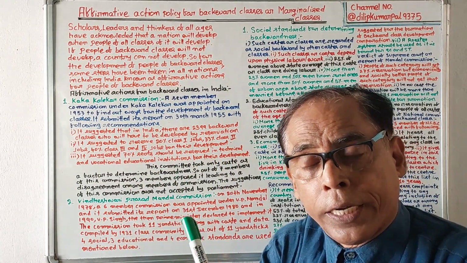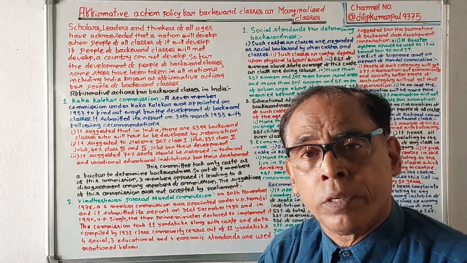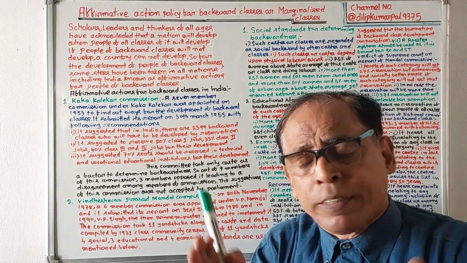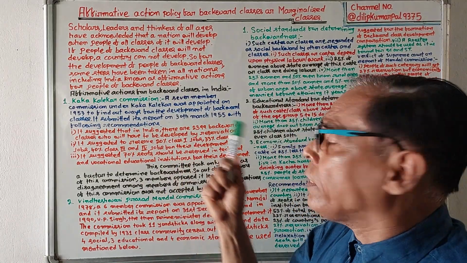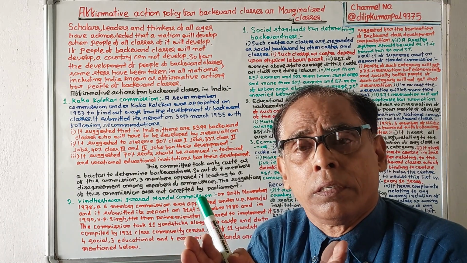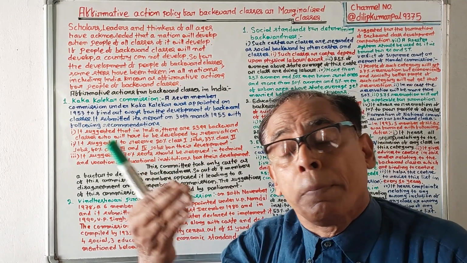The commission that was appointed is known as Kaka Kalekar Commission. It is a 7-member commission. It was appointed in 1953 and it submitted a report on 30th March 1955 and it suggested the following ways for the development of people of backward classes.